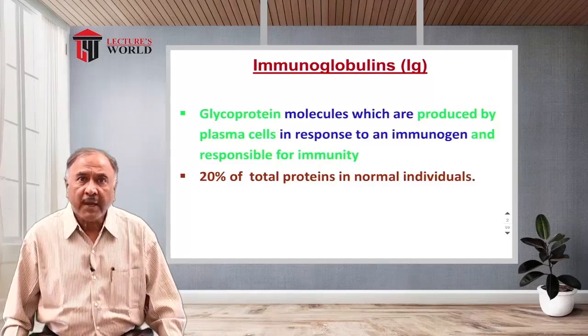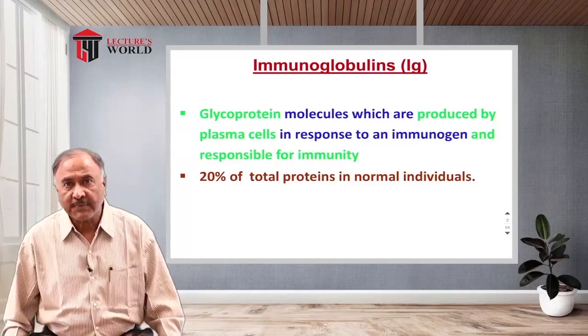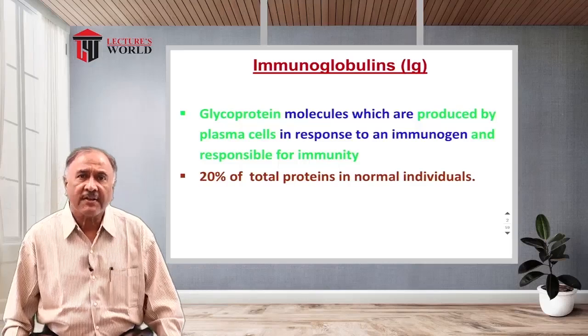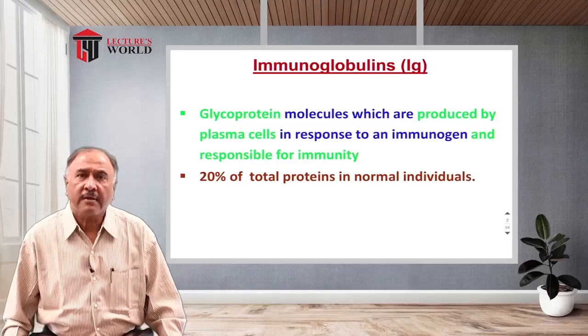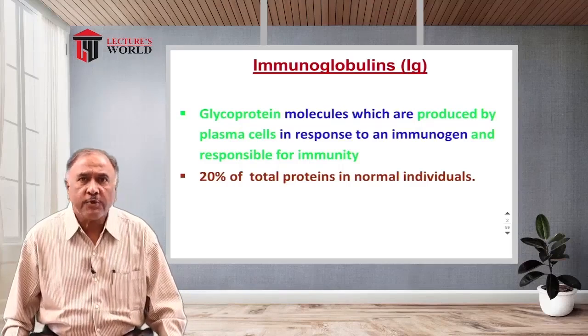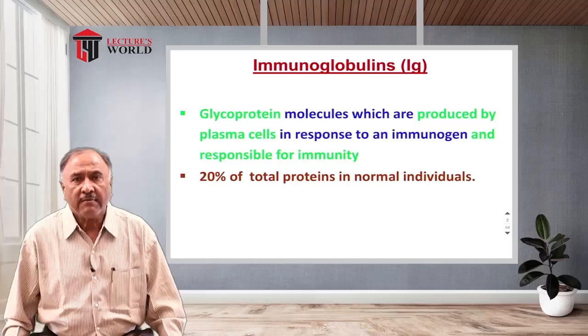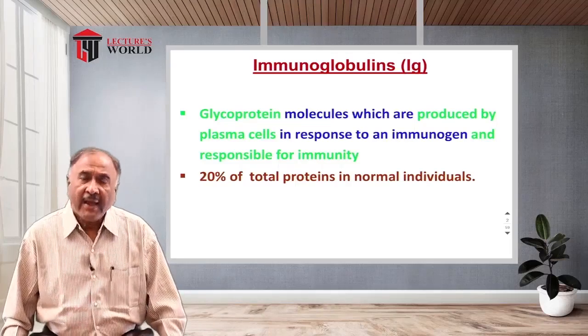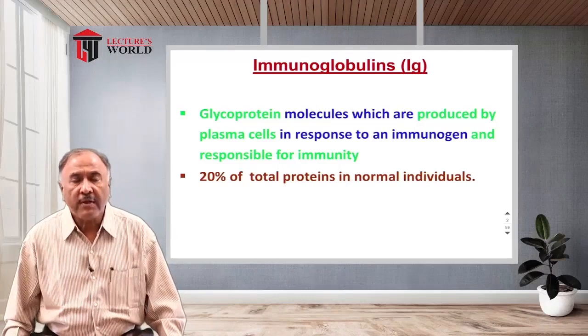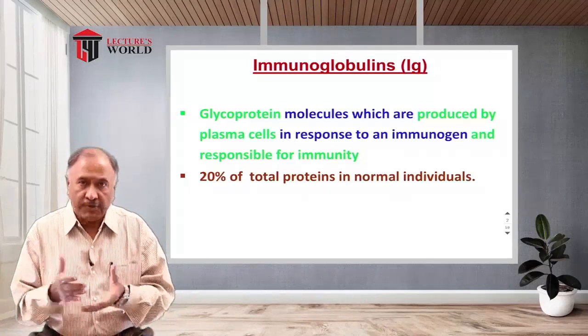And they are produced by which cells? Plasma cells. Plasma cells are a type of B cells. B cells will differentiate into plasma cells, which are responsible for producing such glycoproteins. And when are they produced? They are produced in response to immunogen.